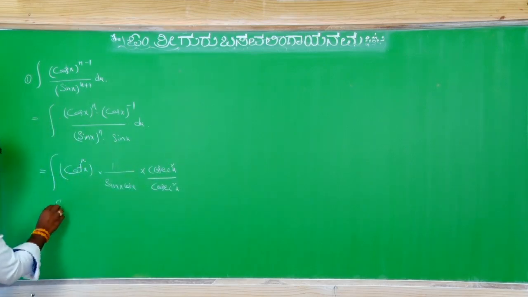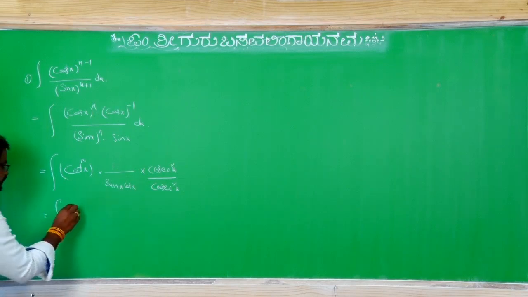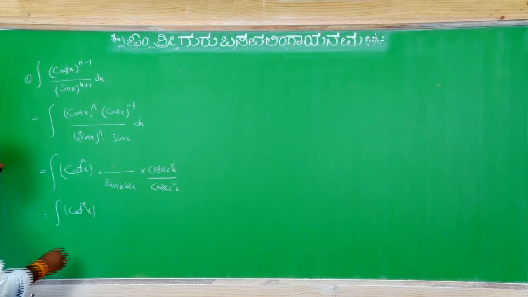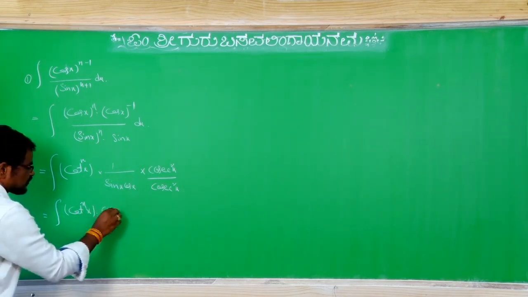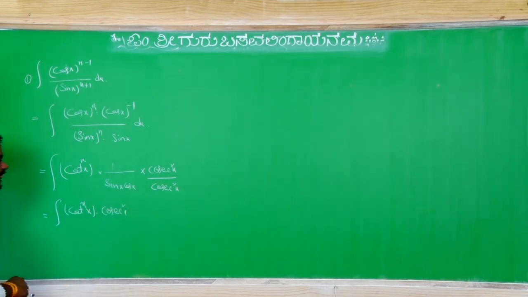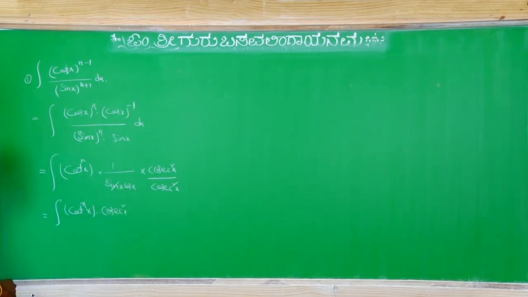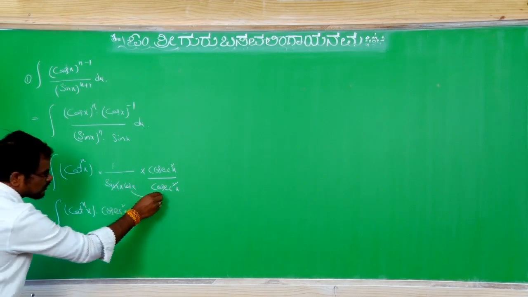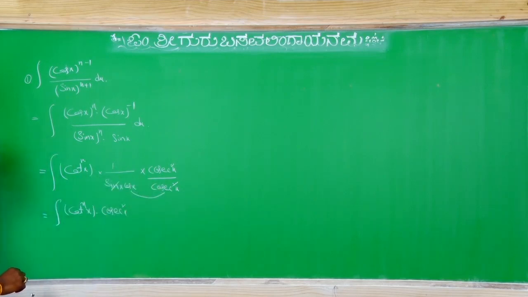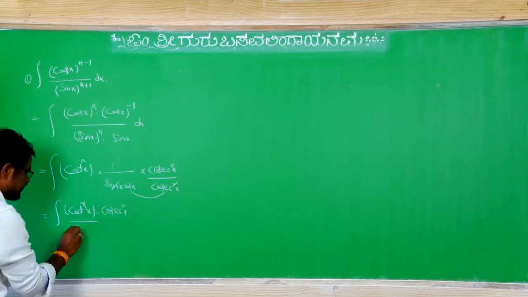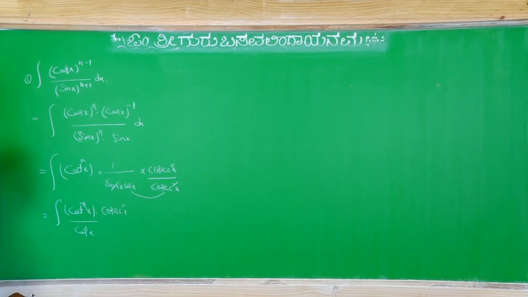That is equal to integration of (cot x)^n into cosec square x. Sin and cosec get cancelled, cos x into cosec x, one more cosec x is 1 by sin x, cos by sin means cot x remaining.